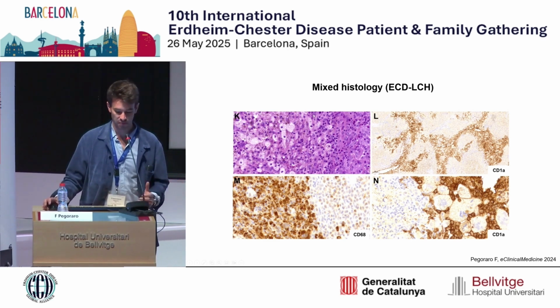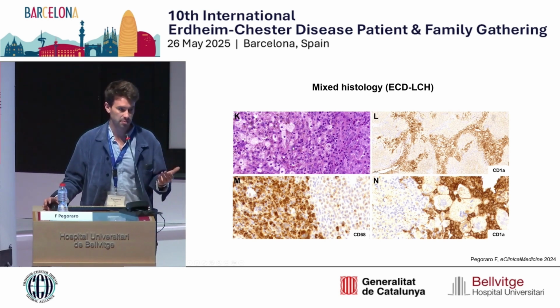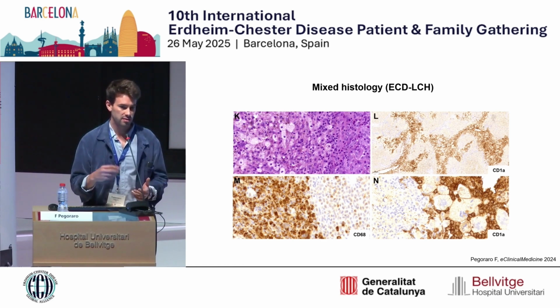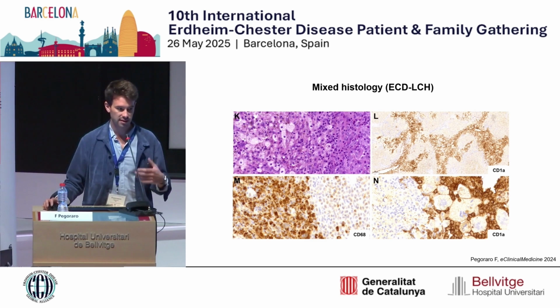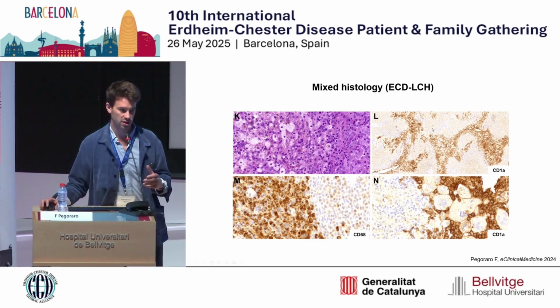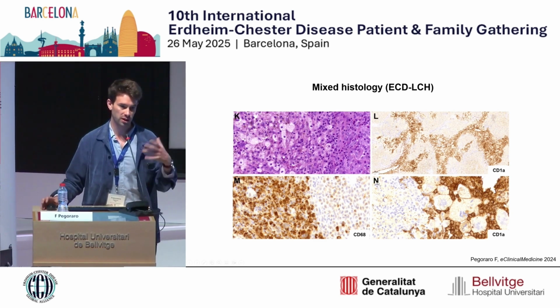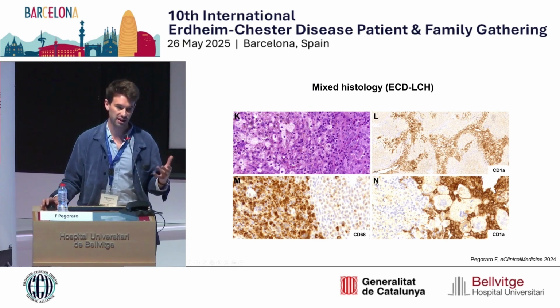This is the pattern that we see in LCH, and this is a very simple staining, where we put antibodies on tissues to see things better. There are some stainings that are specific, for example CD1A, which is LCH, and CD68, which is a bit more broad, but with which we can clearly define ECD.